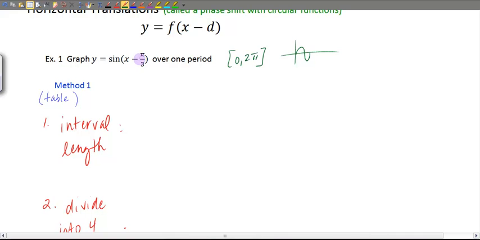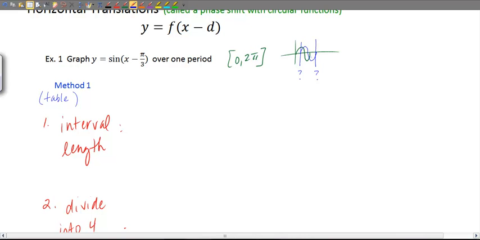But I'm shifting this graph by pi over 3, so I'm going to be changing my interval. If I shift it to this blue line, my new interval is between these two values, which are no longer 0 and 2 pi, but have been shifted by some amount.